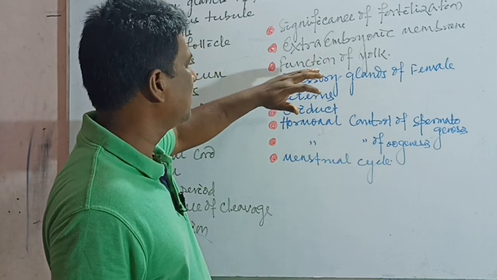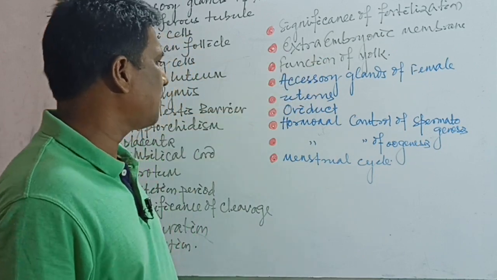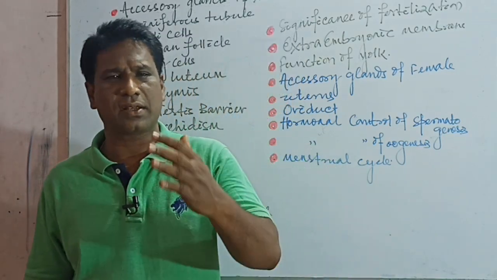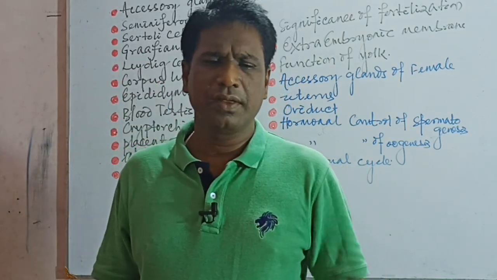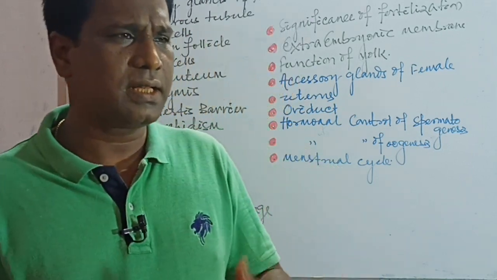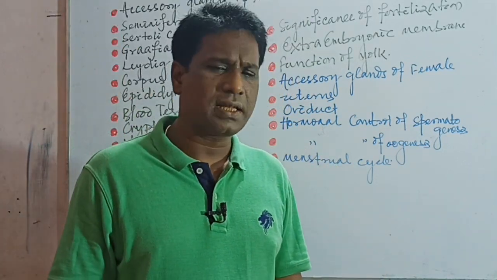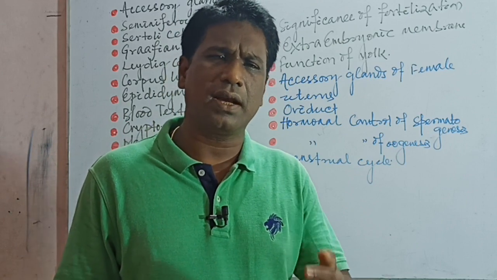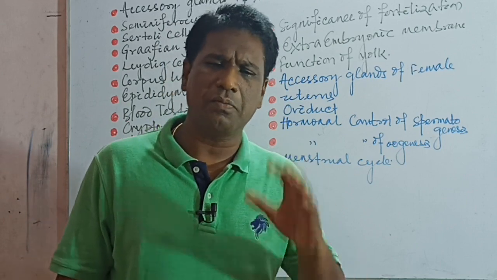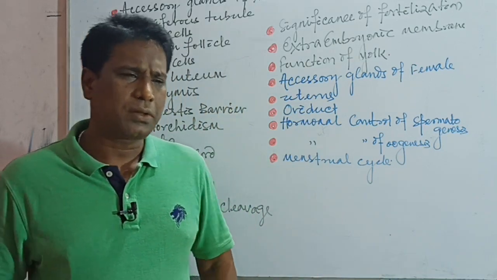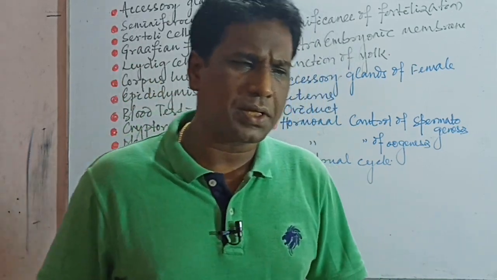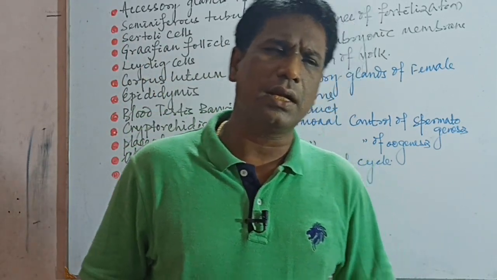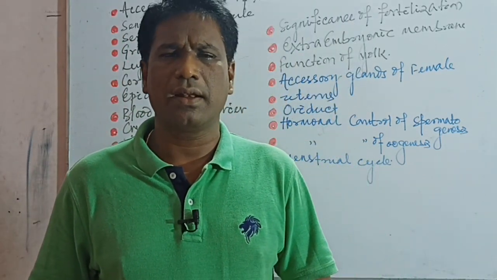Next one is accessory glands of female. We have already studied the accessory glands of the female reproductive system, but keep in mind the accessory glands present in the female reproductive system are mammary gland and Bartholin's gland. Important 2 glands. Bartholin's glands are 2 bean-shaped glands that are present along the sides of the vaginal wall.